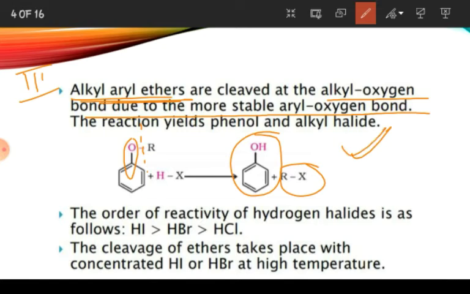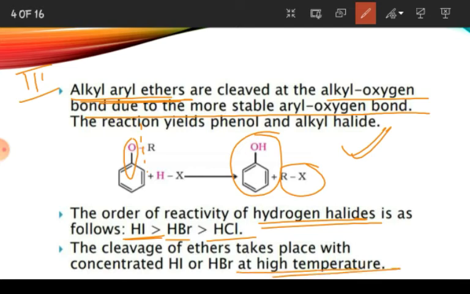Now, if we compare the reactivity of hydrogen halides, HI is more reactive than HBr and HCl. You also know the reason behind this is the greater bond length, so it will break down easily. Now, the cleavage of ethers takes place with concentrated HI or HBr at higher temperature.